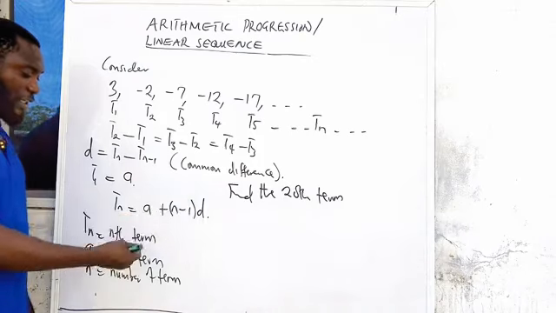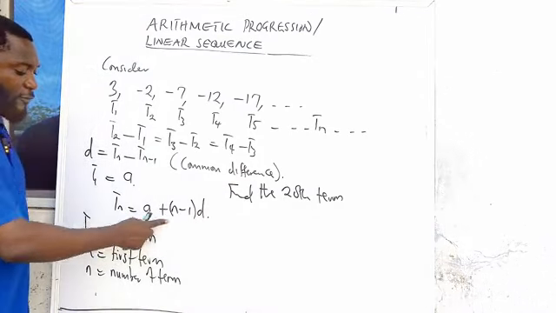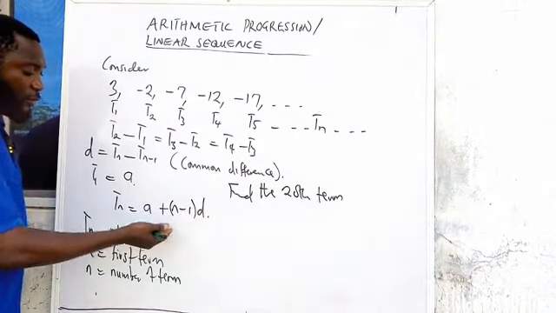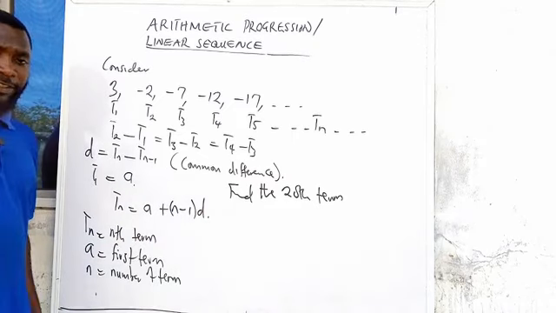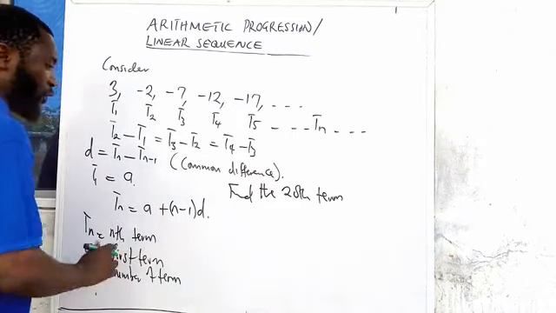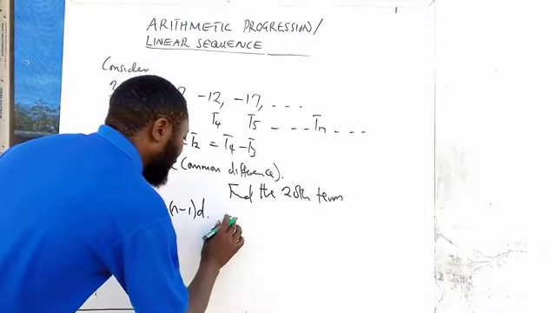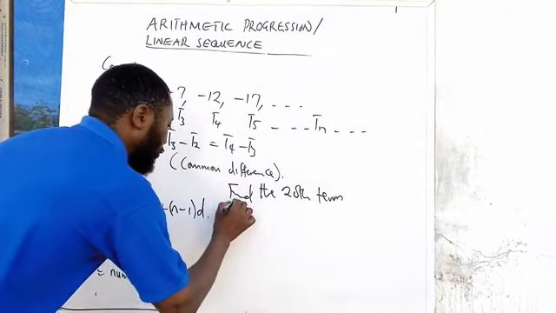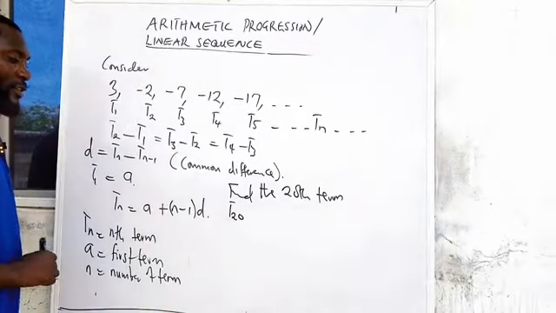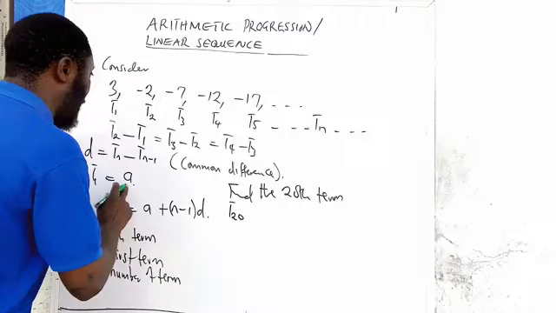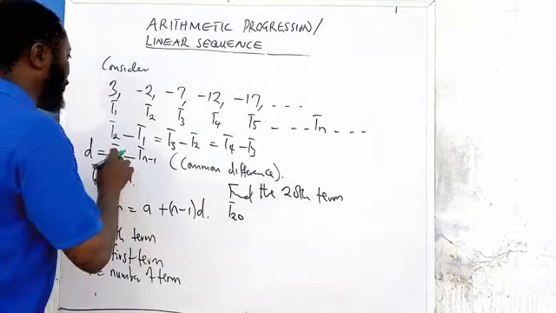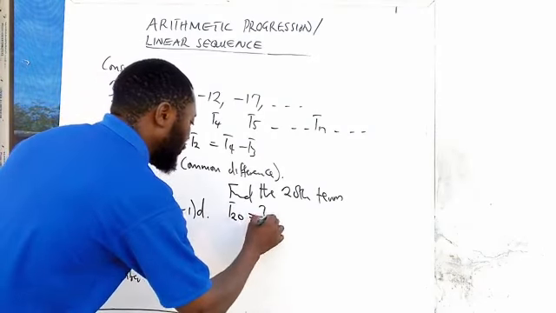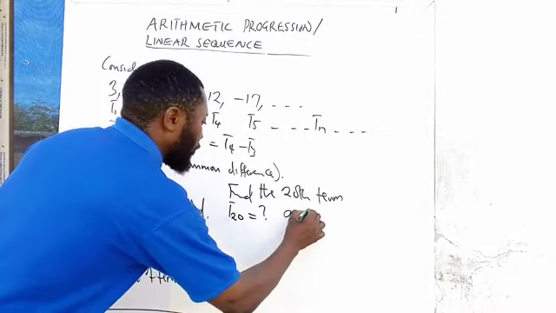But what will make it easier is this formula. You only need to put in the value of each term. Now the question says find the 20th term. So our Tn is T20. Our first term in this question, the first number, is your A. So T20 we don't know, and A equals 3.